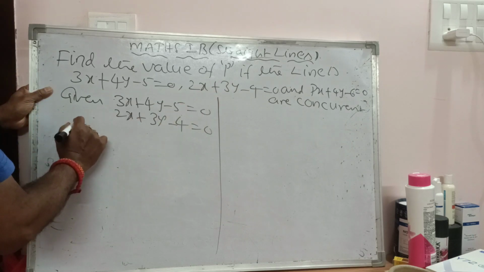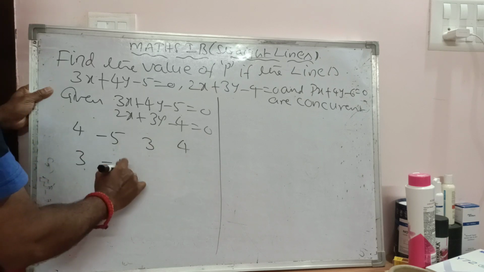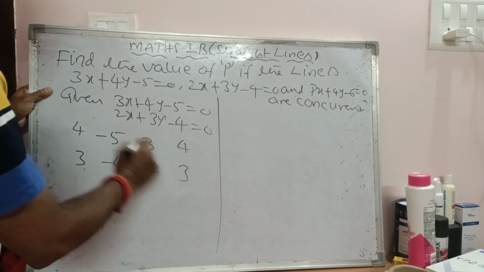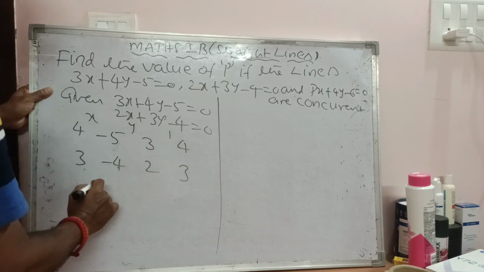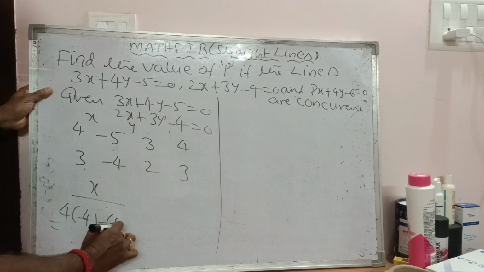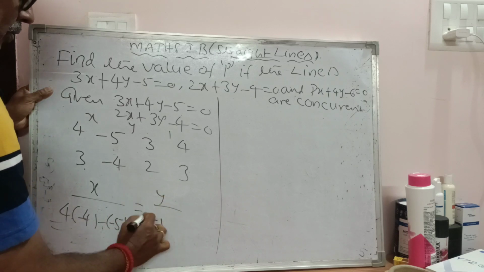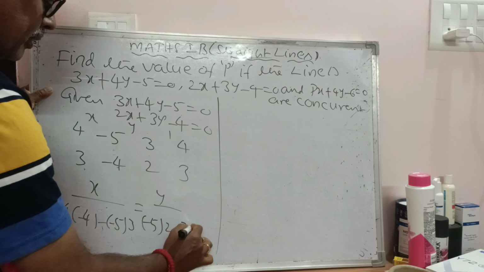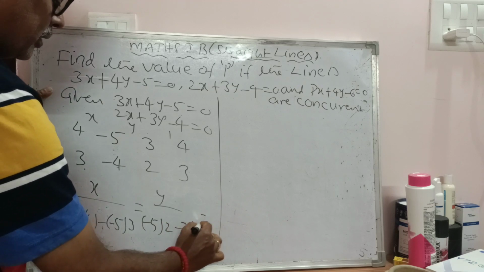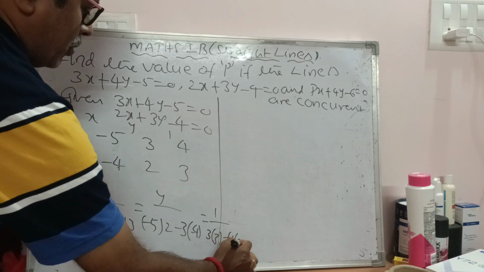Writing the coefficients: 4, minus 5, 3, 4, 3, minus 4, 2, 3. Therefore, x, y, 1. X by 4 into minus 4 minus 5 into 3 is equal to y by minus 5 into 2 minus 3 into minus 4 is equal to 1 by 3 into 3 minus 4 into 2.